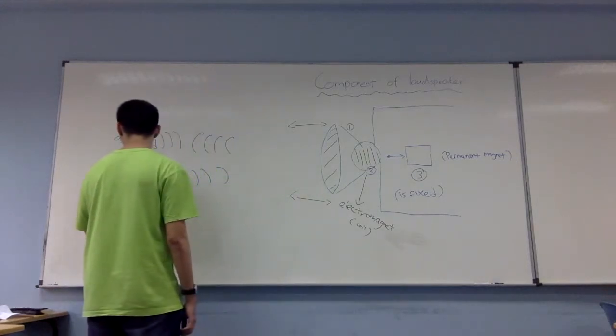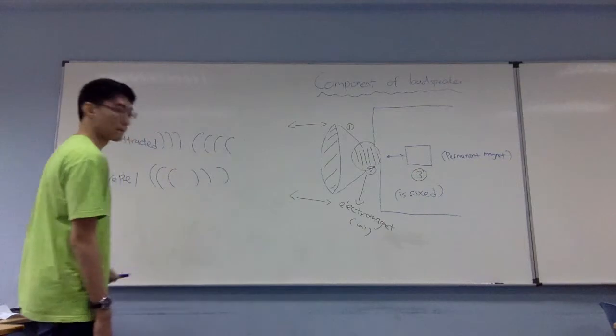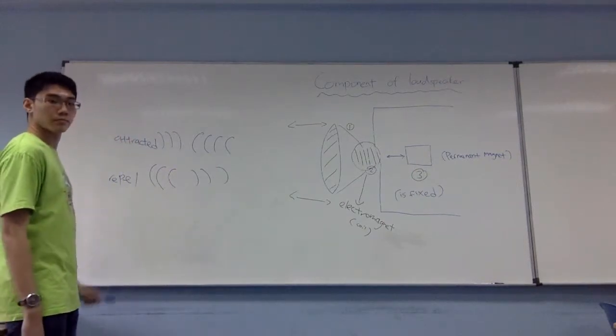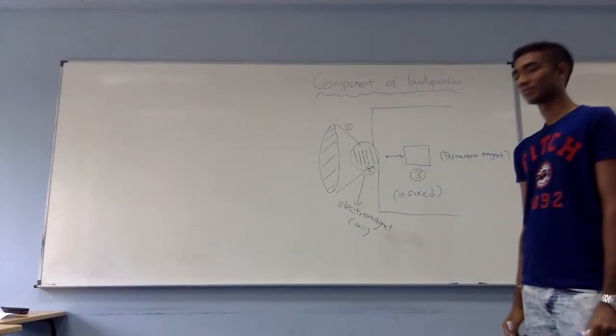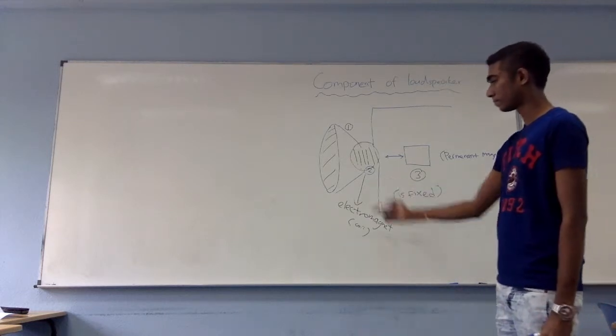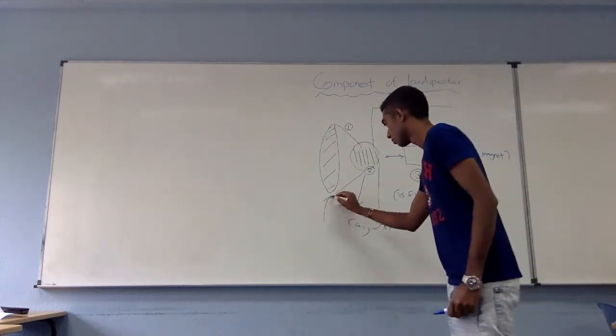As you can see, the first direction is attracted to and the second one is repelled. The electromagnet is attached to a cone made of flexible materials such as paper or plastic.